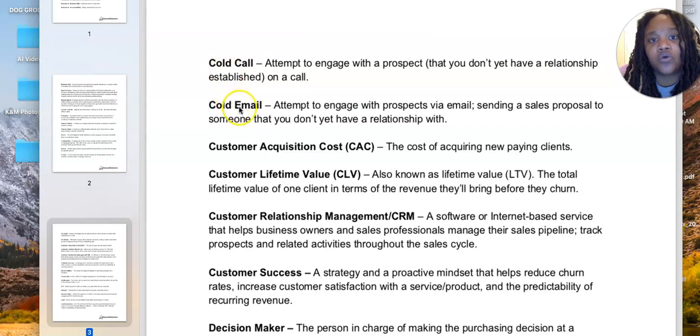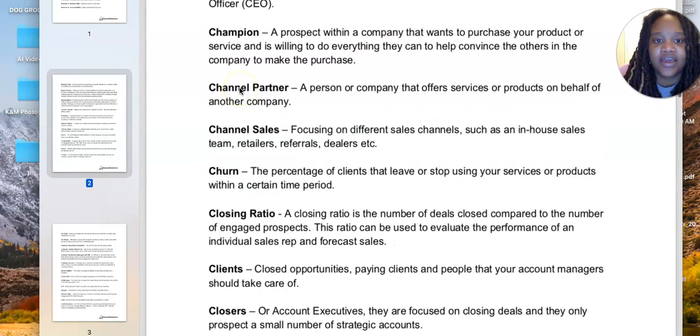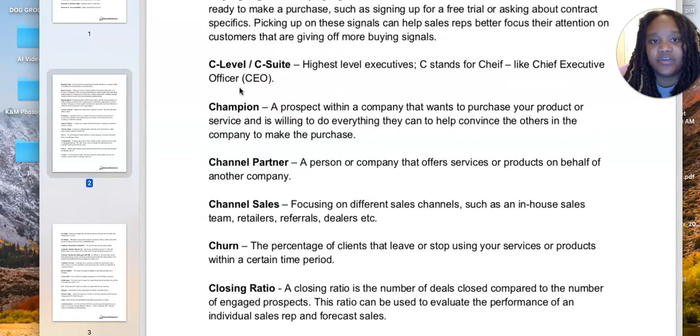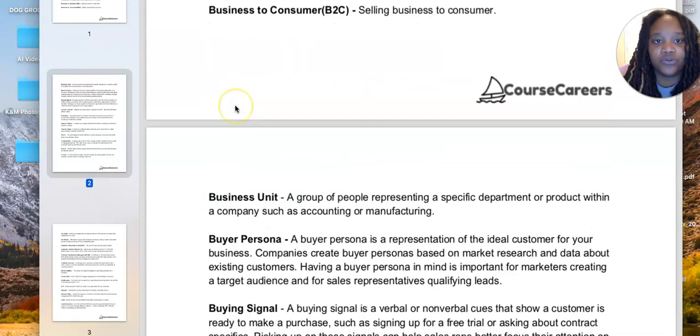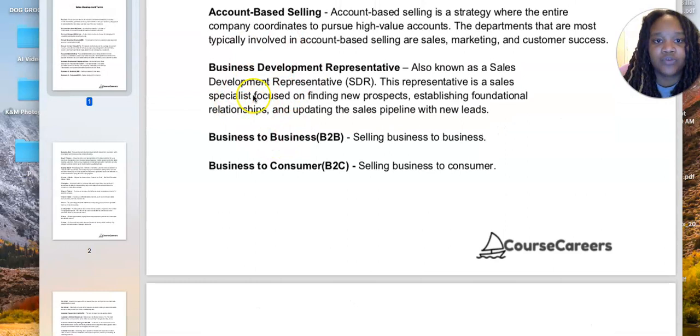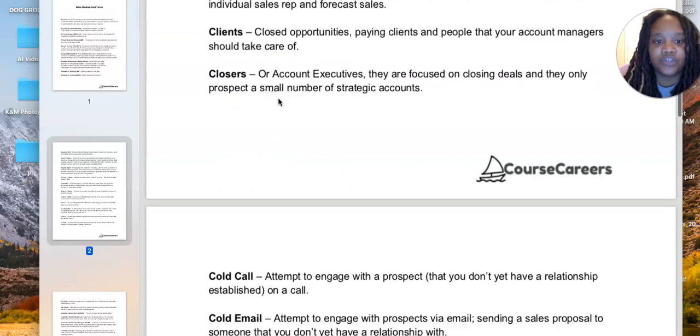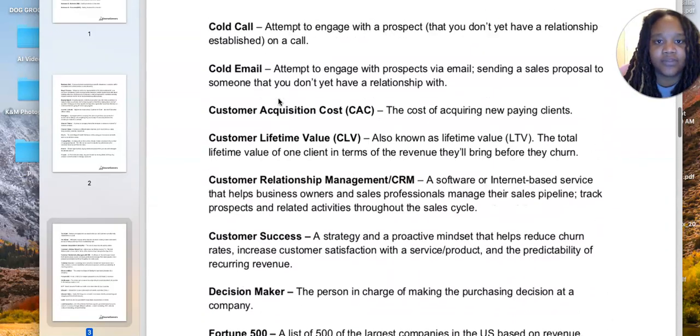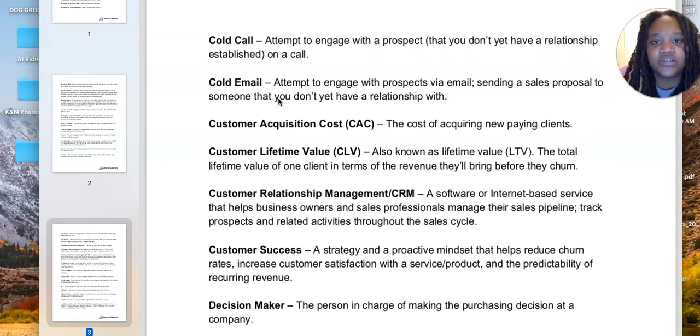Cold call. Cold call is a huge task, a huge duty and responsibility that a sales development or a business development representative will do. So I'm scrolling back up to remind you. A cold call is something that business development representatives do. It's part of their responsibility. So a cold call is an attempt to engage with a prospect that you don't yet have a relationship with on a call.